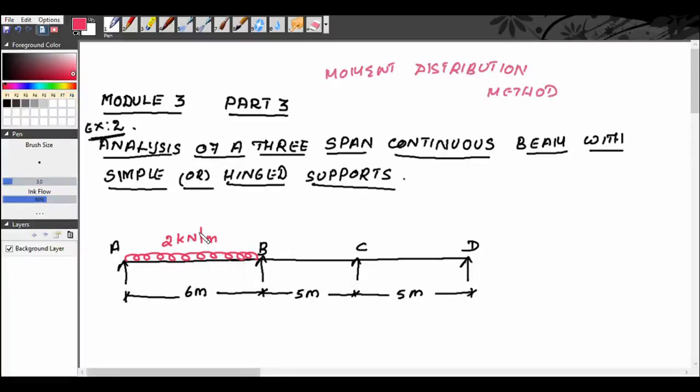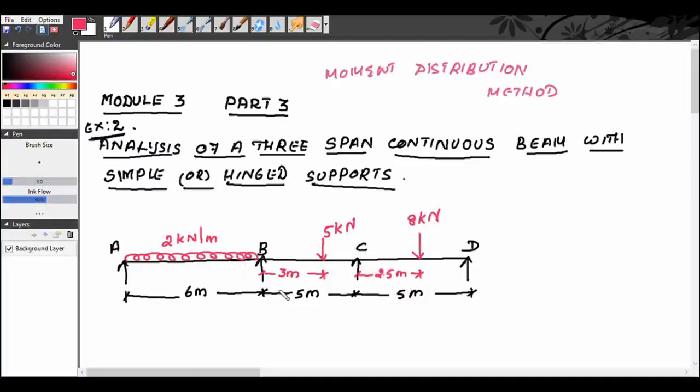In the span BC we have a concentrated load of 5 kilonewton acting at a distance of 3 meter from B. And in the span CD, we have a concentrated load of 8 kilonewton acting at a distance of 2.5 meter from C.